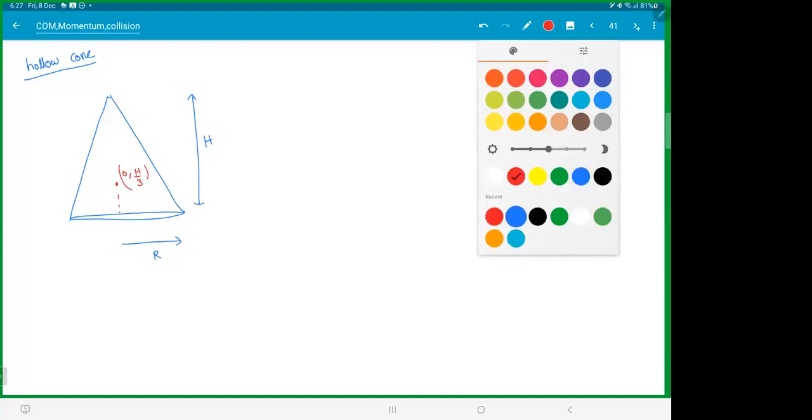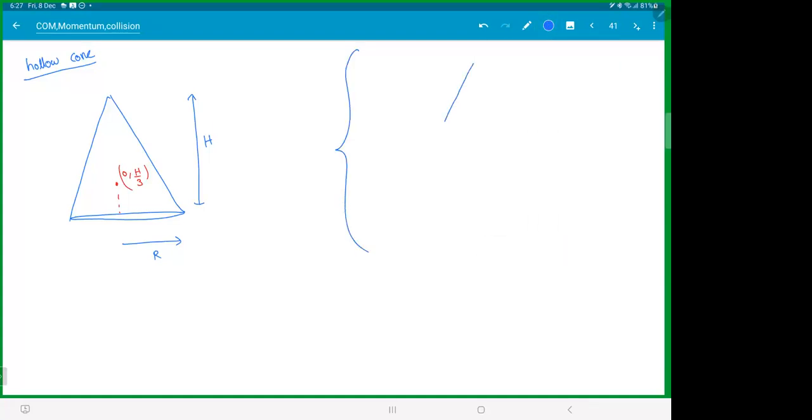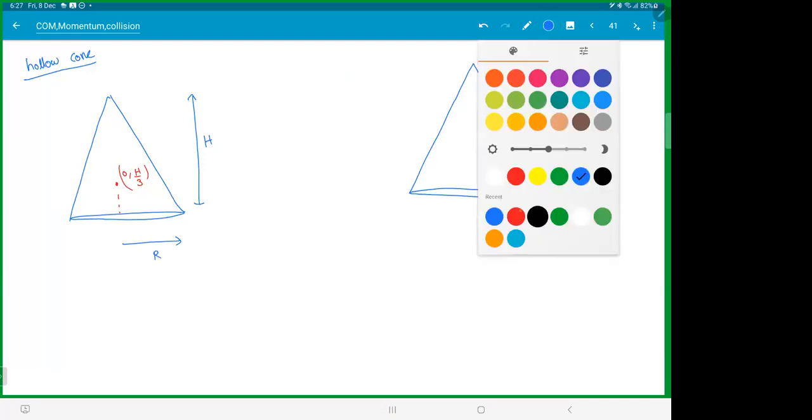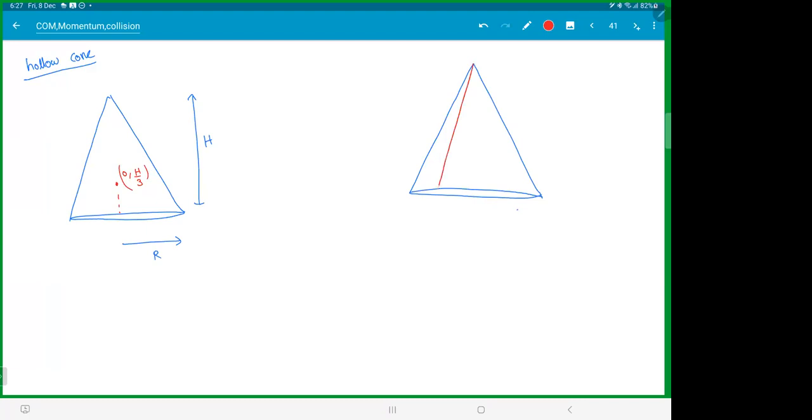How can we get this? See, for this hollow cone, what I will do is take a thin slice like this. This is like a thin triangle, isn't it? For a hollow cone, on the top, if you draw a thin surface here, this is like a thin triangle.